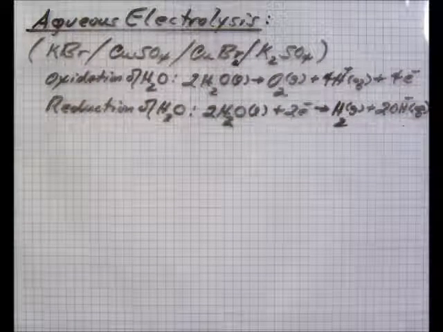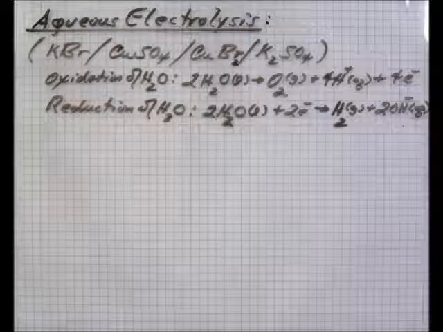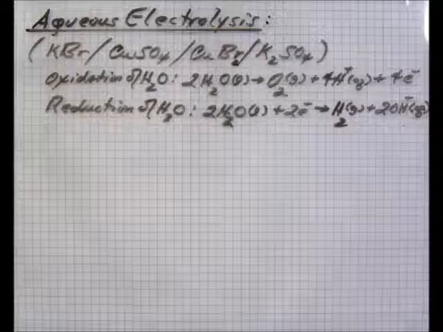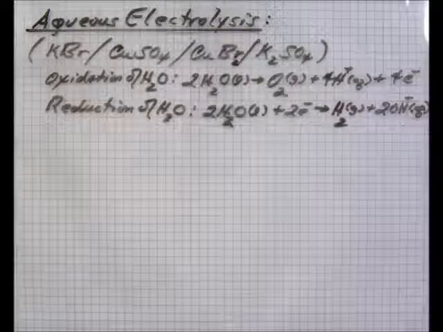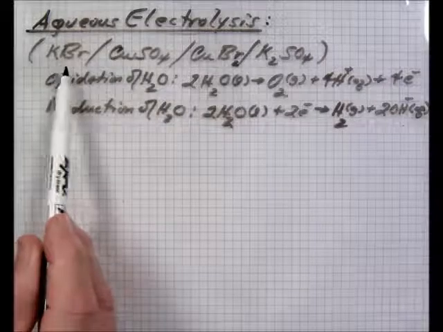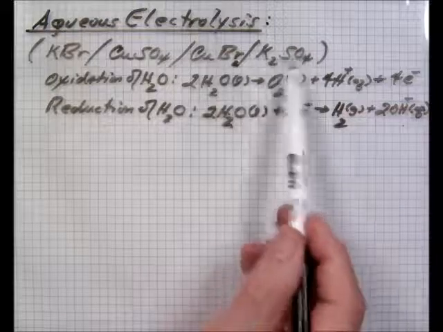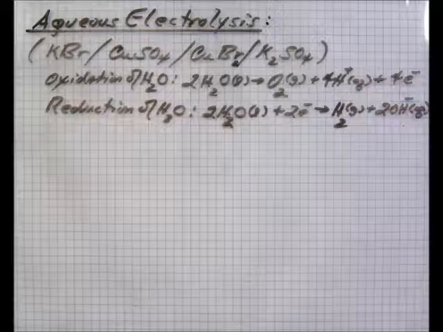Okay, now we need to take a look at aqueous electrolysis, and in doing so we're going to look at the electrolytic process involving potassium bromide, copper sulfate, copper(II) bromide, and potassium sulfate.